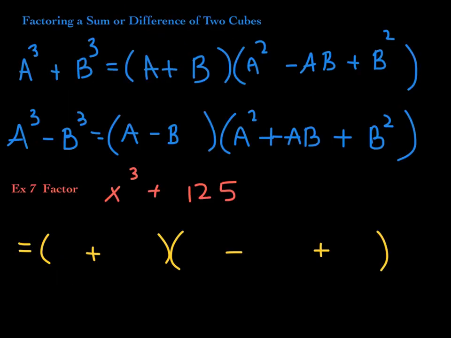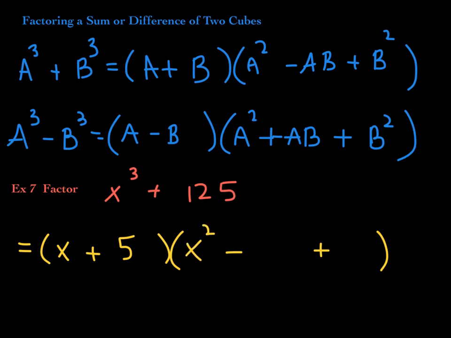All right, we're back to our problem, and I'm following this pattern right here. I already have my signs. Now I think about, what do I cube in order to get x cubed? X. What do I cube in order to get 125? 5. This first term is the square of x, so that's x squared.